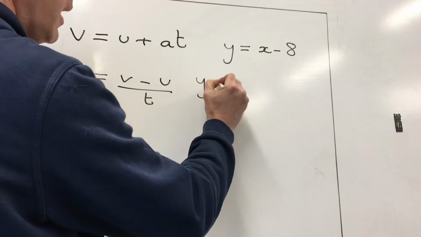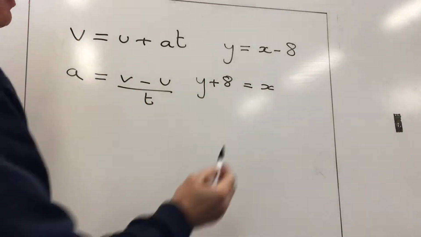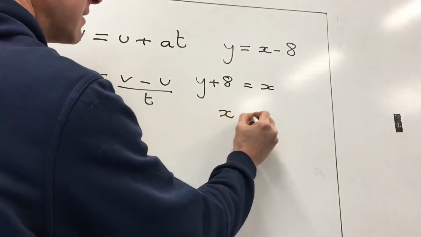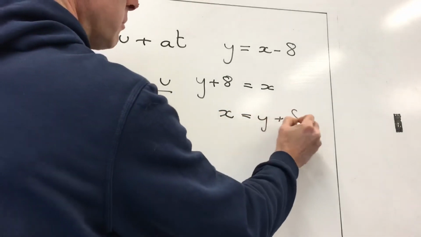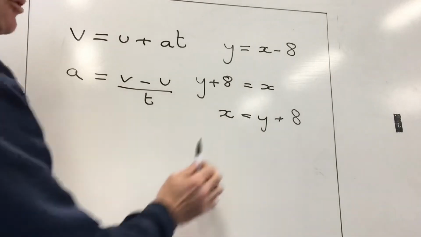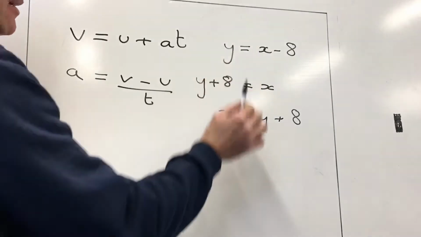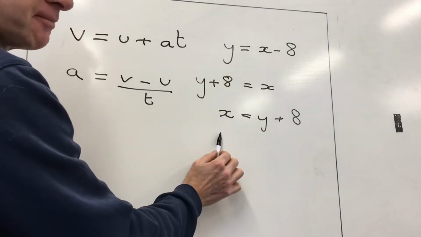So it would be y plus 8 equals x, which we can write as x equals y plus 8. Both the same, but x is now the subject of the formula. So we have changed it from y to x.